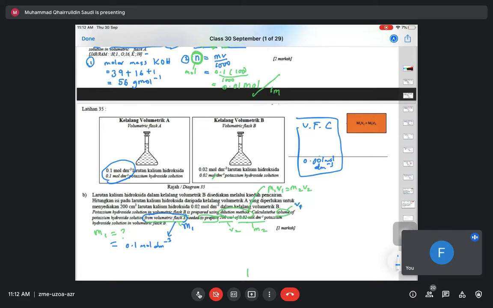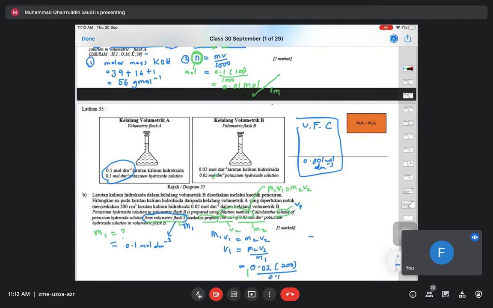Baru boleh guna M1V1 equal to M2V2. So the question wants V1. V1 equals M2 V2 divided by M1. M2 is 0.02 times 200 divided by 0.1.